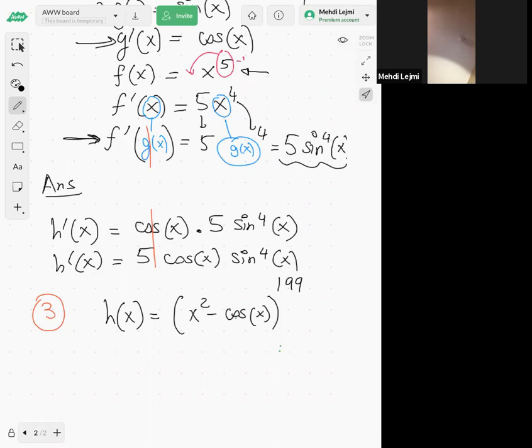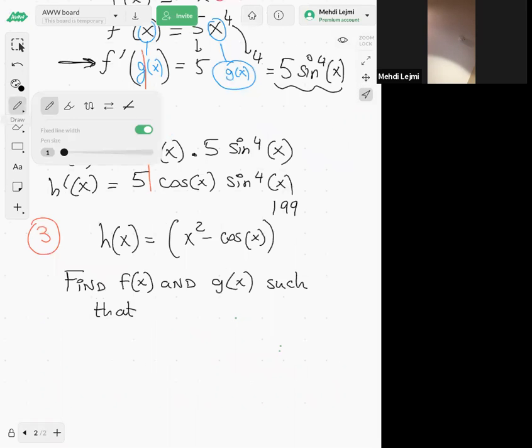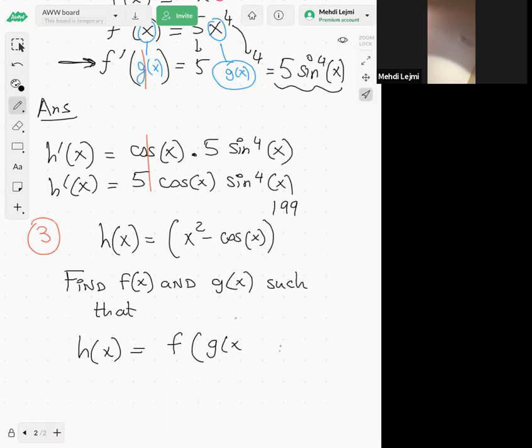So of course the goal is to apply the chain rule. We need to find f and g such that h of x would be f composed with g. So we need to find f of x and g of x such that h of x equals f of g of x, right?